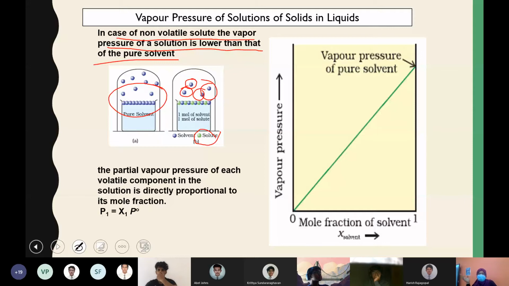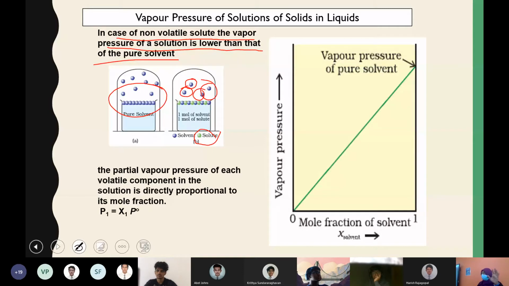The next topic is colligative properties, this is where we are starting. When you add a non-volatile solute to a solvent, its vapor pressure decreases. This is a very important point to be noted. In case of a non-volatile solute, the vapor pressure of a solution is lower than that of the pure solvent.